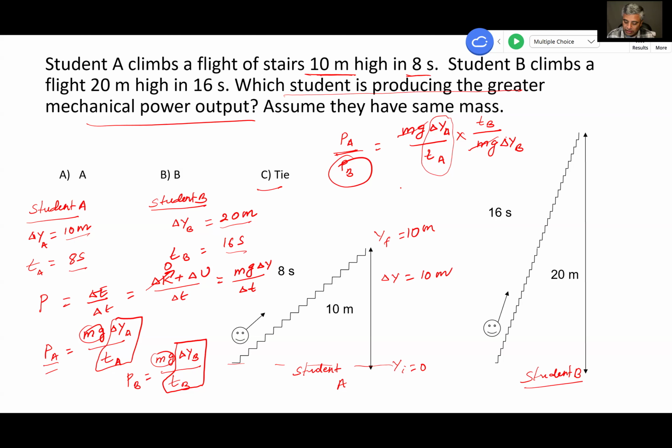And if I were to plug in actual numbers, let's see how it looks. Delta YA is 10 meters over 8 seconds. And here, this is 16 seconds over 20 meters.